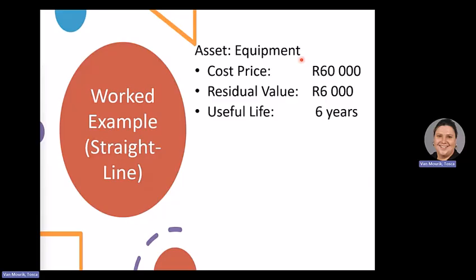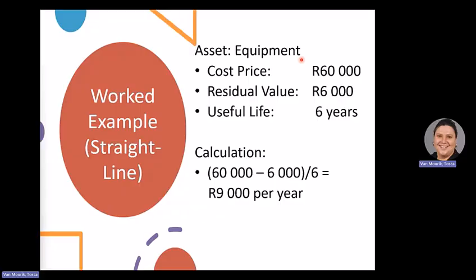Well, it's based on the 60,000 less my residual value of 6,000. So the value that I have to calculate depreciation on is the 54,000, everybody with me, divided by the 6 years. So my depreciation for the next 6 years, if we have full years, will be the 9,000.